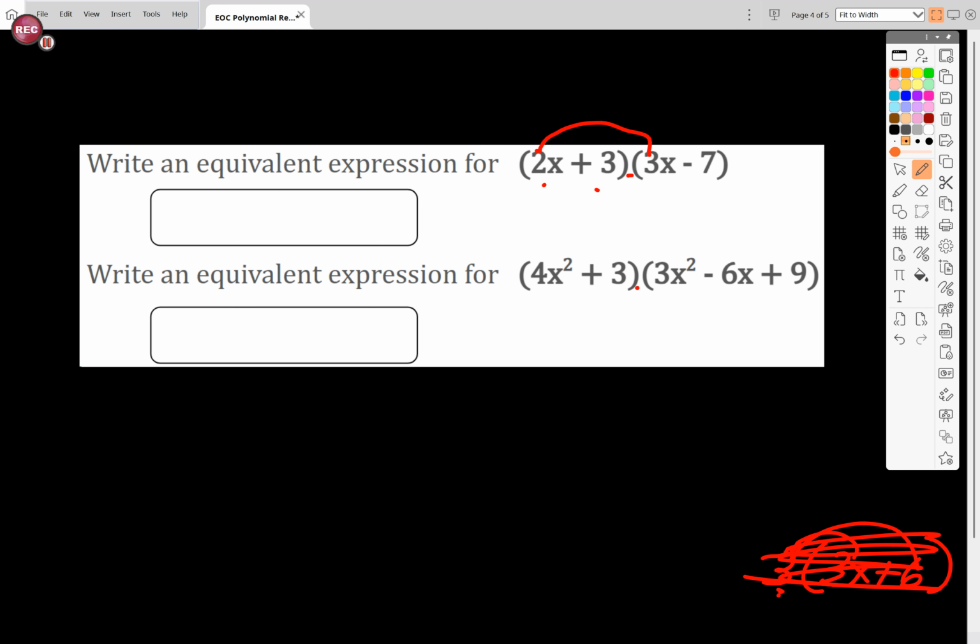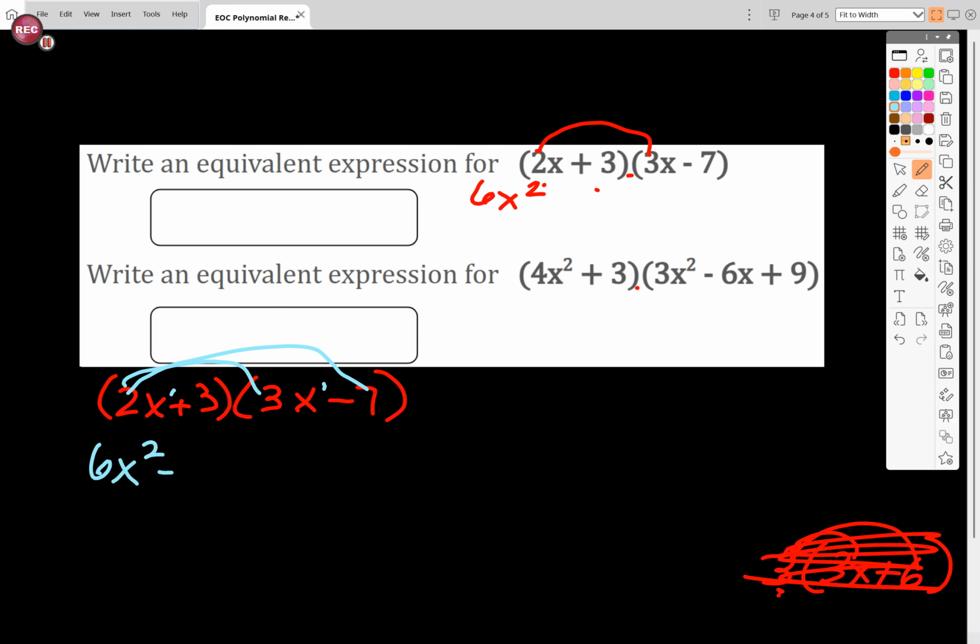So we do 2x times 3x, gives you 6x to the second power. Let's do it down here, so we can have space. 2x times 3x, 6x to the second power, because you add these exponents of 1. 2x times negative 7, negative 14x. We should have 2 results because we distributed that number to 2 values on the other side.